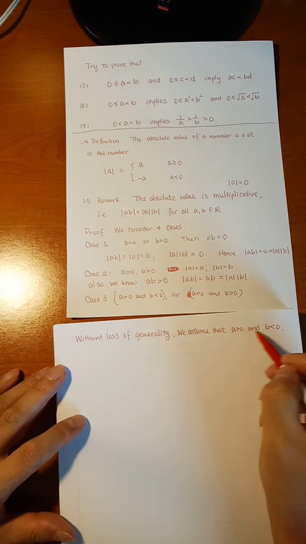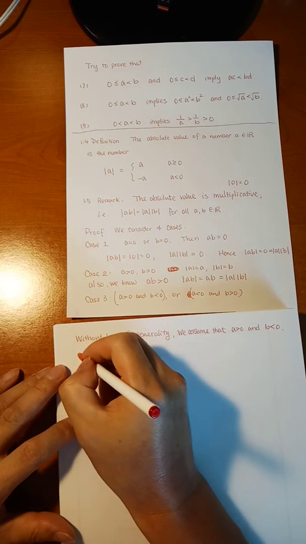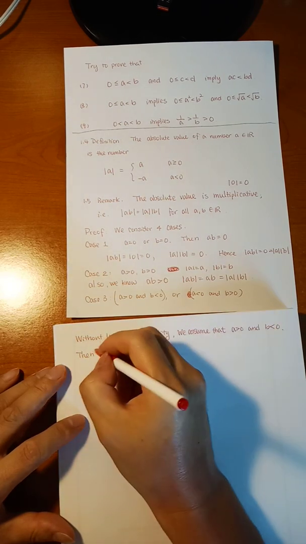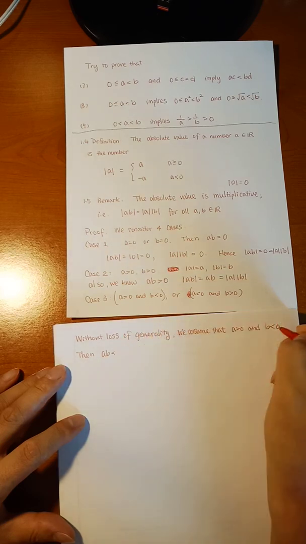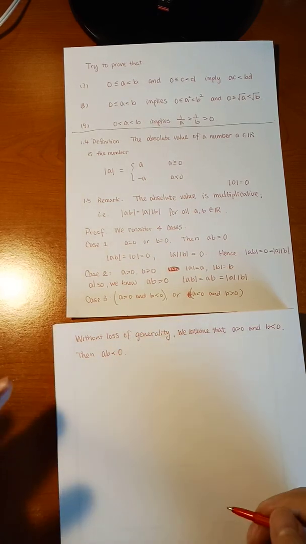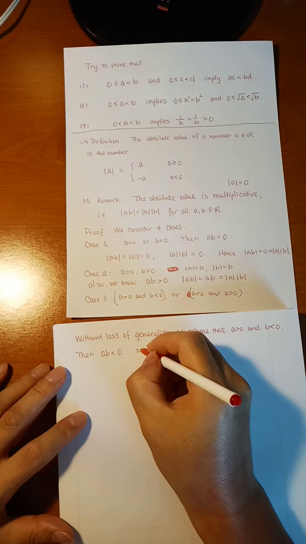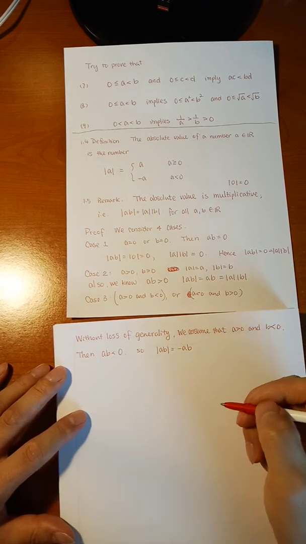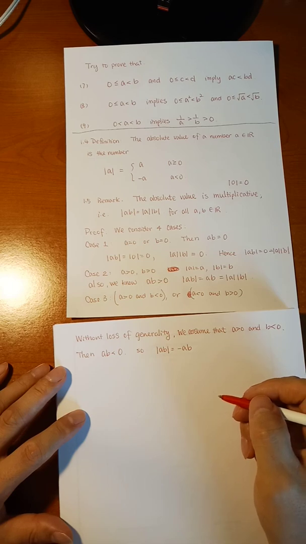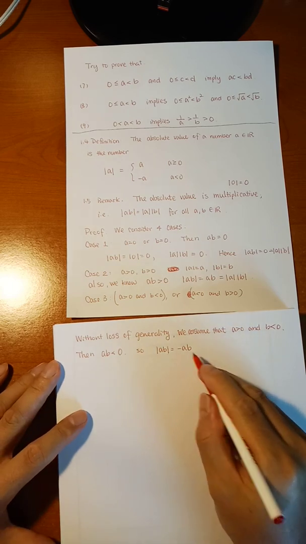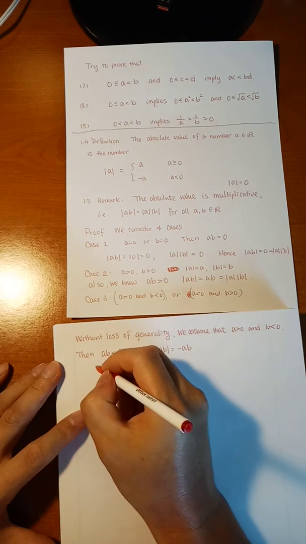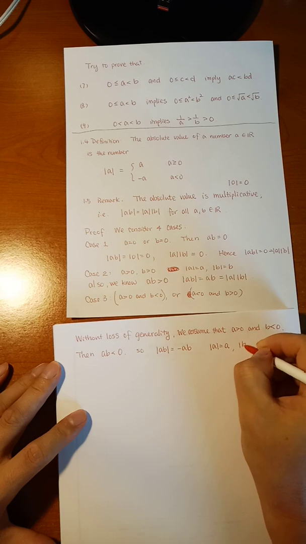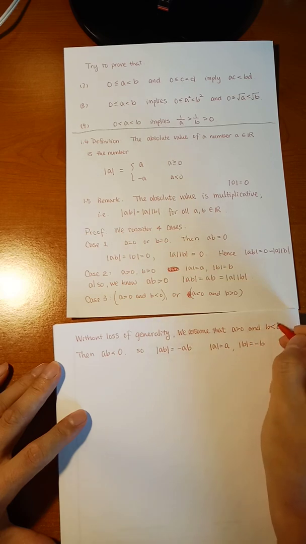And a is positive, b is less than 0. Then we know that you multiply this inequality by a positive number: ab is less than 0 times a, which is 0. So ab is less than 0. So the absolute value of ab is equal to negative a times b. Okay, so the absolute value of a negative number is the negative of this number. And the absolute value of a is a because it's positive. The absolute value of b is negative b because b is negative.